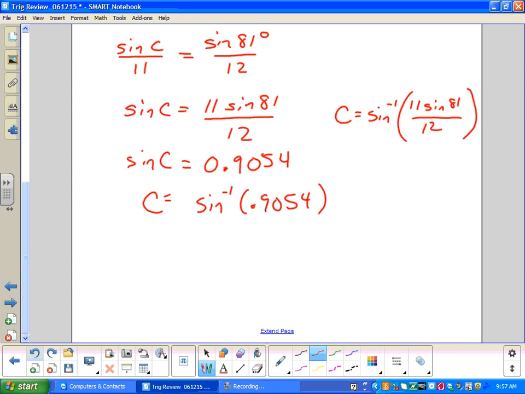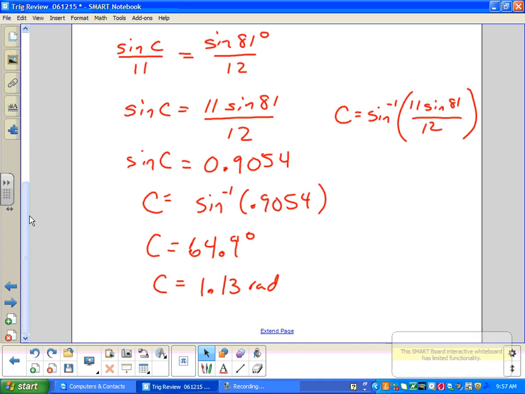I'm going to get degrees or radians. I got 64.9 degrees when I round for C. Or again, I can multiply by pi and divide by 180 and make the conversion to radians. That should not be a surprise to us. And get 1.13 rads.